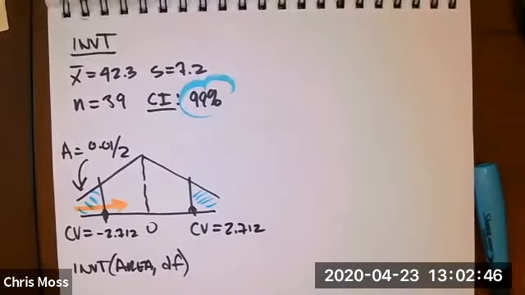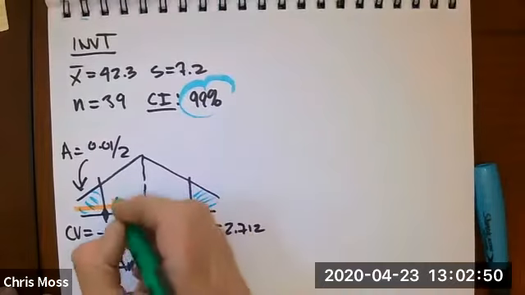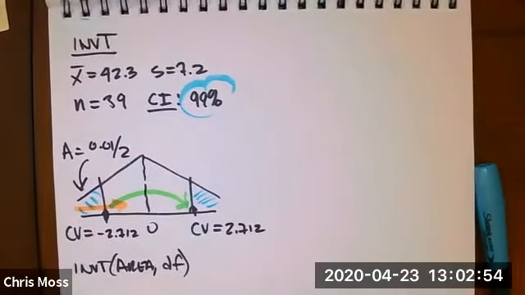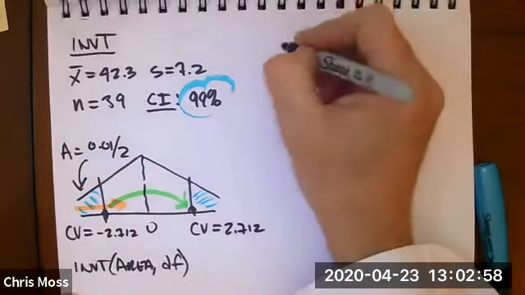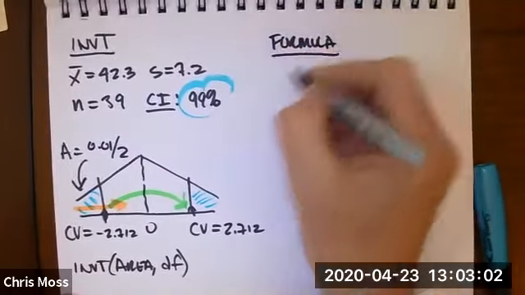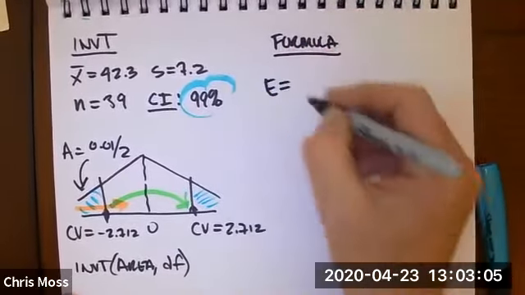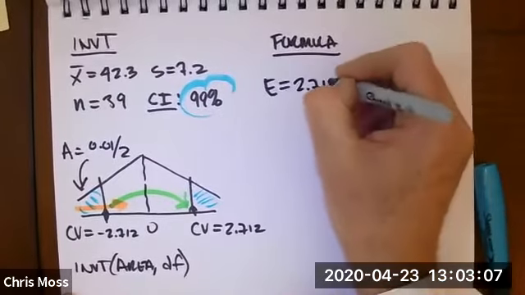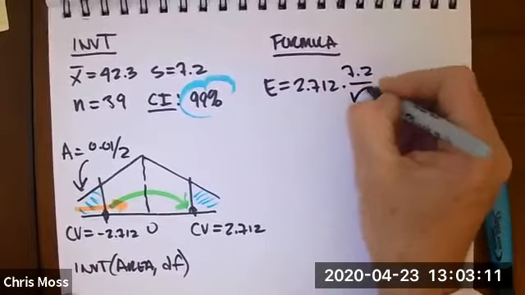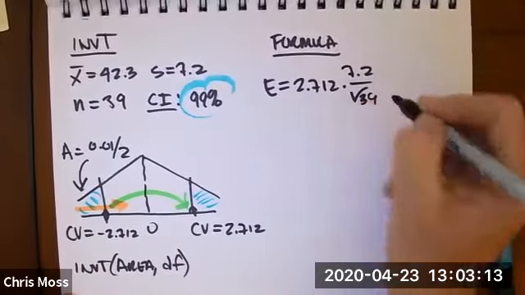How do I get the other point there? Symmetry. It's a symmetric distribution, so if I know this point here, I know that point there. We are now ready for the formula. My margin of error is equal to 2.712 times 7.2 over the square root of 39.